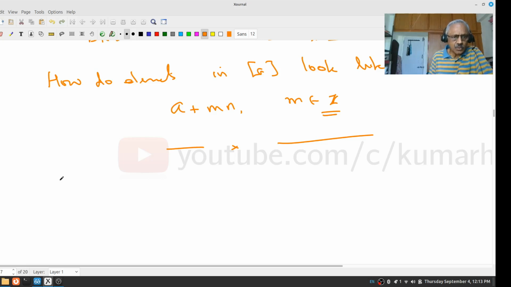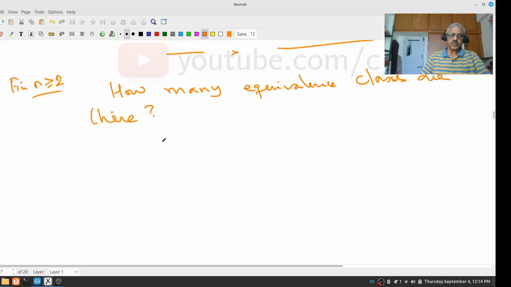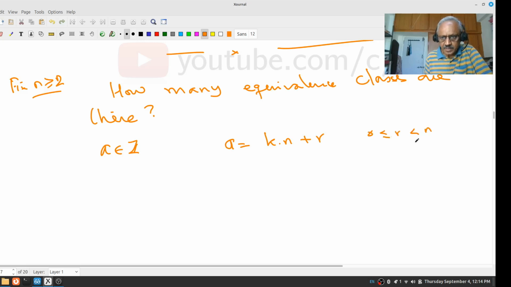Now I want to know, you fix n as usual. How many equivalence classes are there? Suppose you give me an integer a, then I can write it as some k times n plus r, with 0 less than or equal to r, strictly less than n, right?